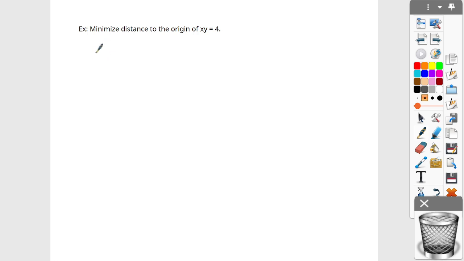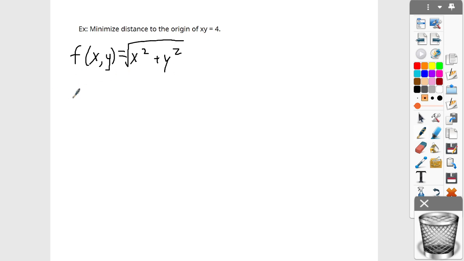Well, the distance to the origin, you can write it as a function f of x, y equal to the square root of x squared plus y squared. But we really don't want to use this square root, because it's really annoying, and it's really hard to do Lagrange multipliers with.